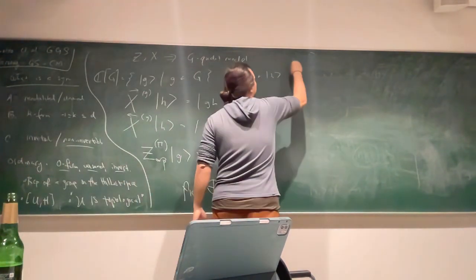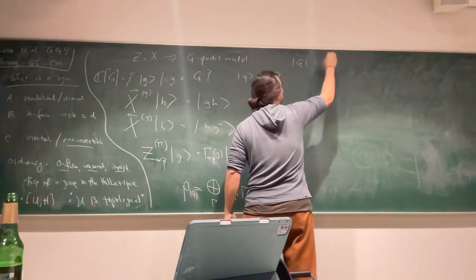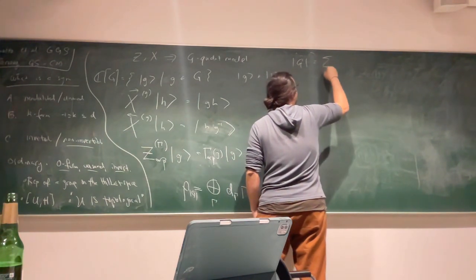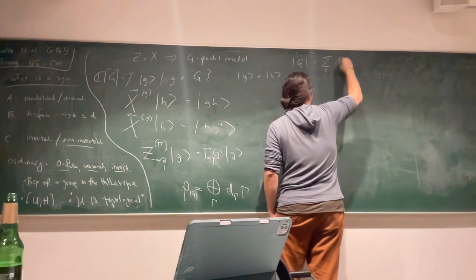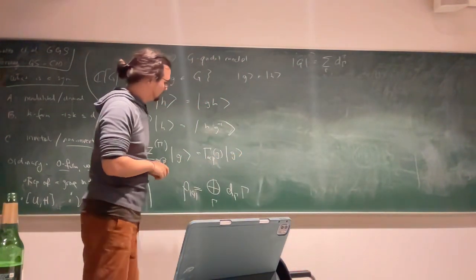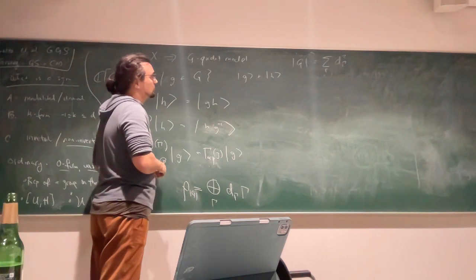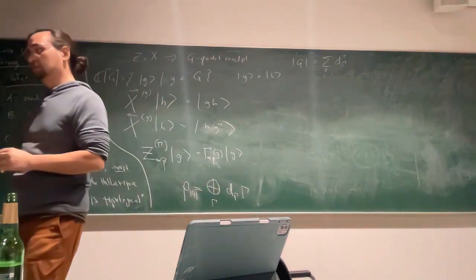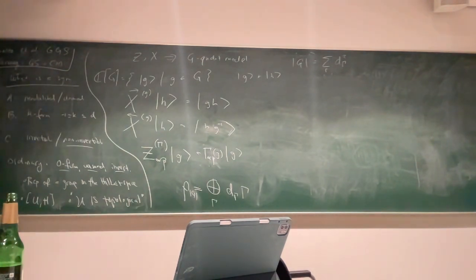So the size of the group is equal to the sum over gamma of d_gamma squared. Sorry, each of these appears d_gamma times, and each has dimension d_gamma.